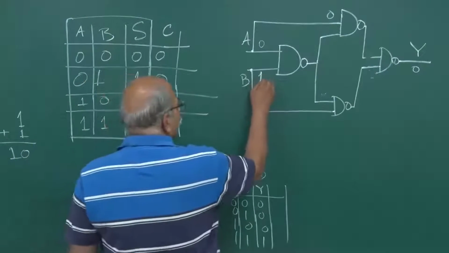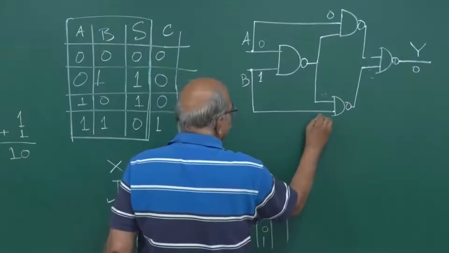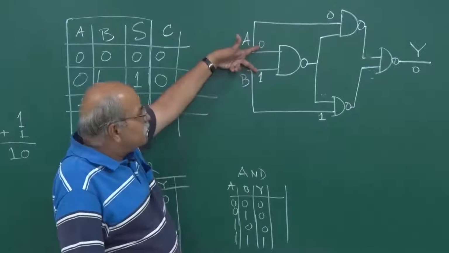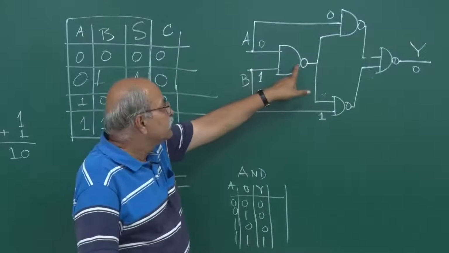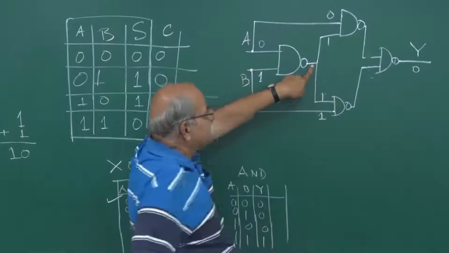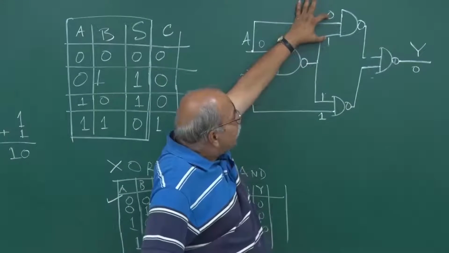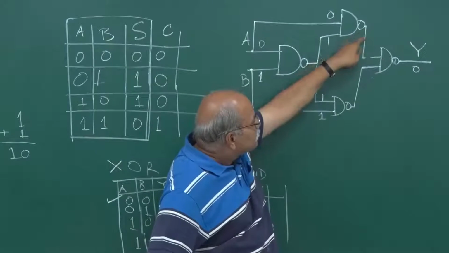So this is 1, and this 1 goes here. So this will be 1. 0 and 1 is 0. So here it is 0, here it is 1. And therefore this is 1 and this is 1. And then 0 and 1 is 0. So here it is 0, here it is 1. So this is 1.